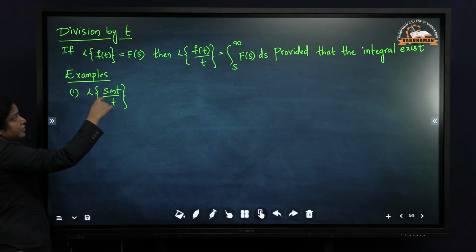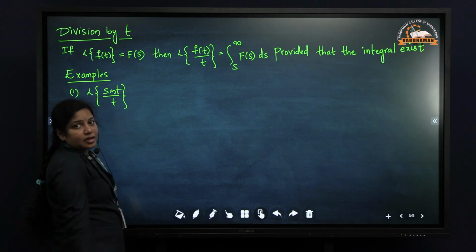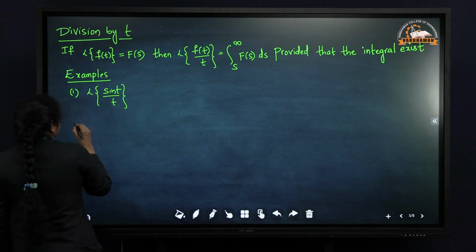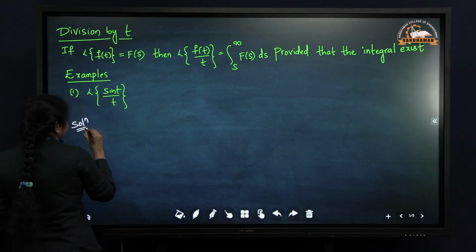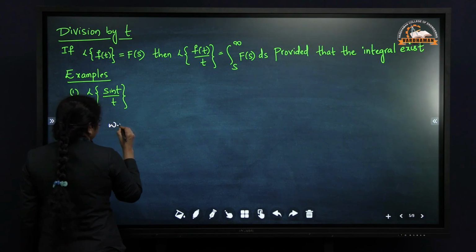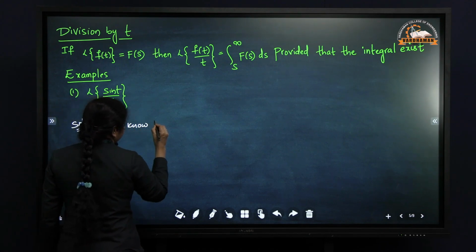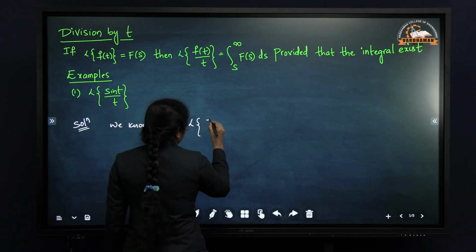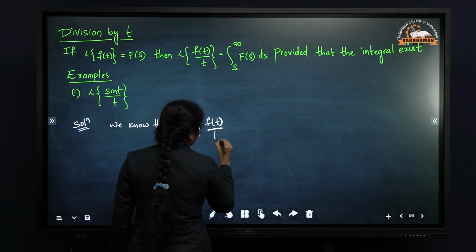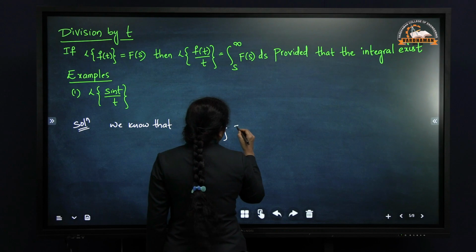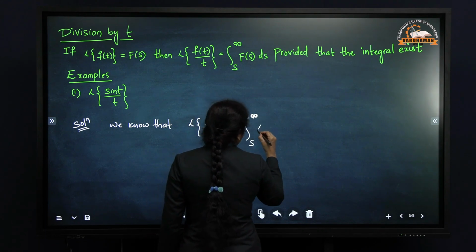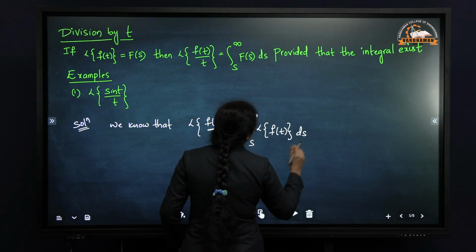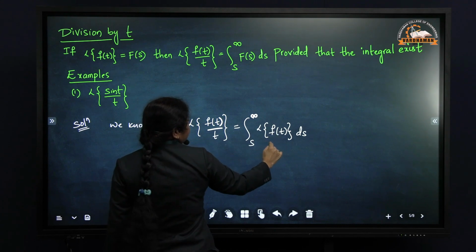Now the examples based on division by t. First example is the Laplace transform of sin t by t. By division by t, we know that the Laplace transform of f of t by t equals the integration from s to infinity of F of s ds, where F of s is nothing but L of f of t.